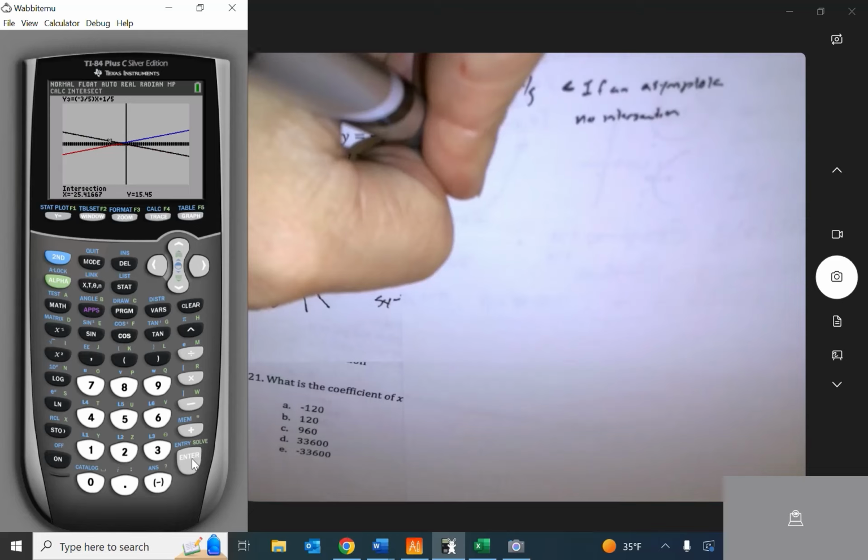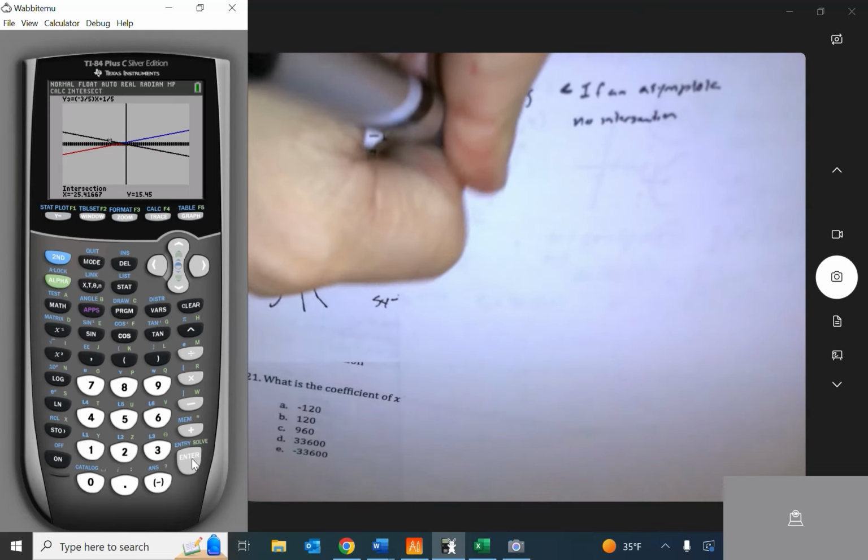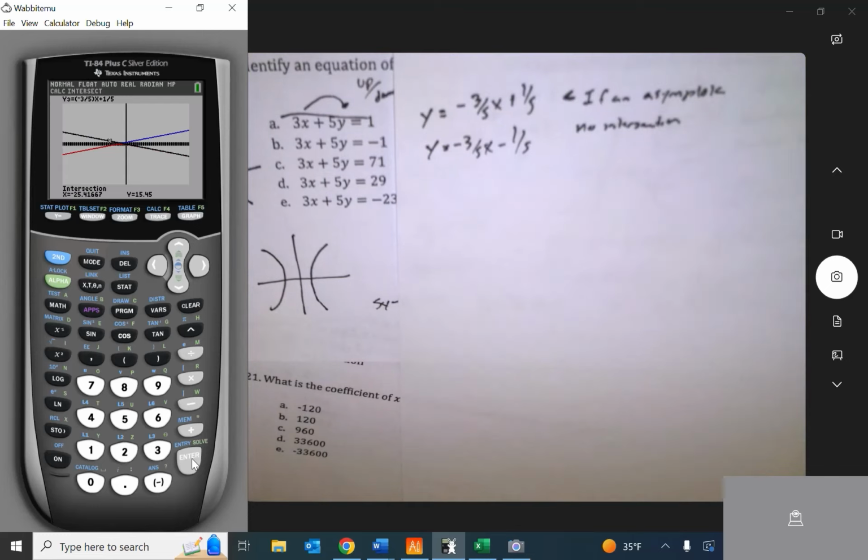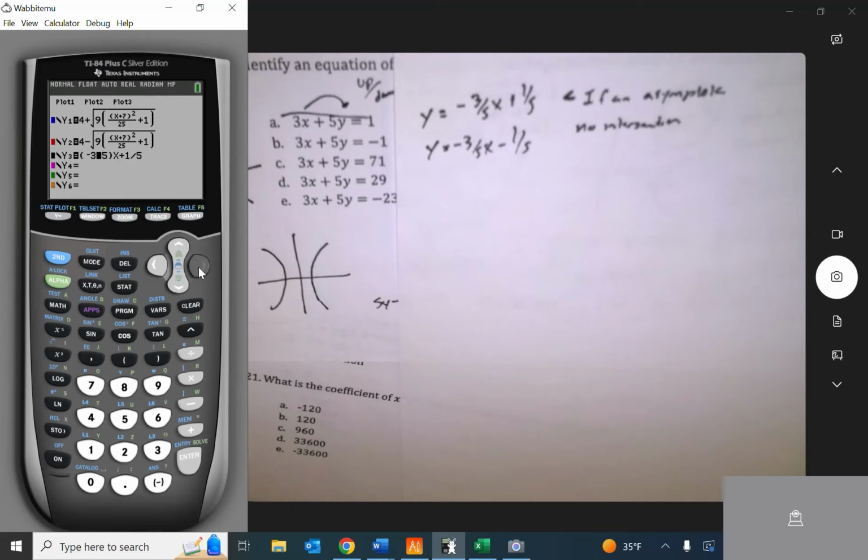All right, the next one would be y equals negative 3/5 x minus 1/5. All right, second trace 5. I'm going to go through every one of these. Not because I have the time to do it, just because I need to check them all.